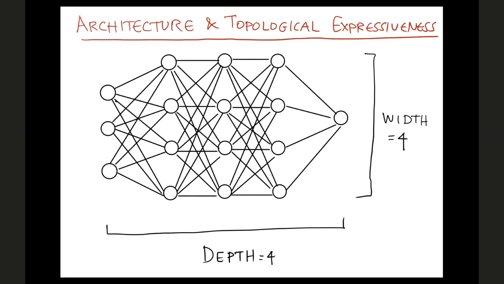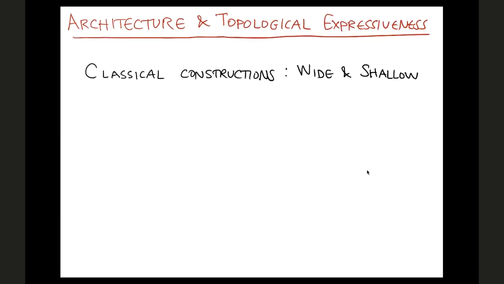So let me introduce a couple of terms here. Typically we refer to the number of layers as the depth of the neural network, and the maximum dimension of the layers as the width. There are actually constructions that are pretty geometric, but these classical constructions are typically on wide and shallow neural networks, very often with just a single hidden layer that's huge.